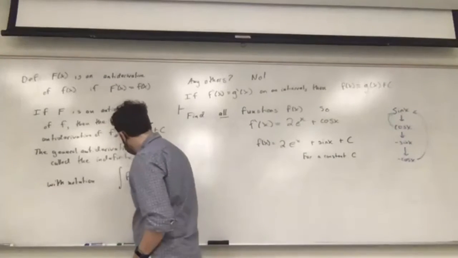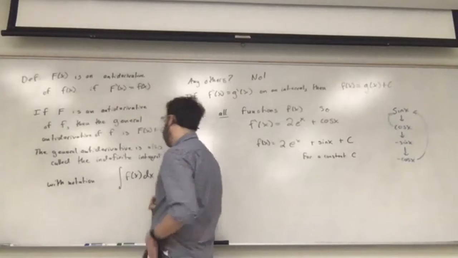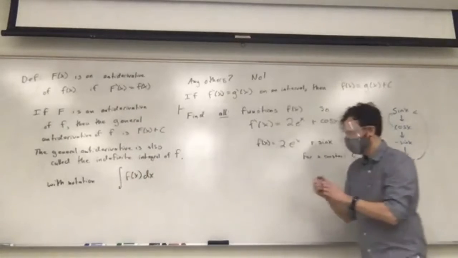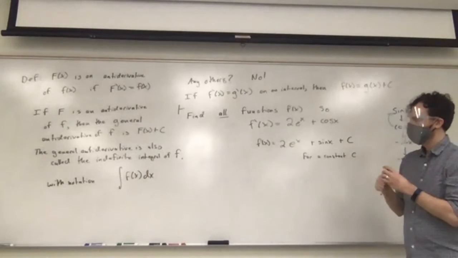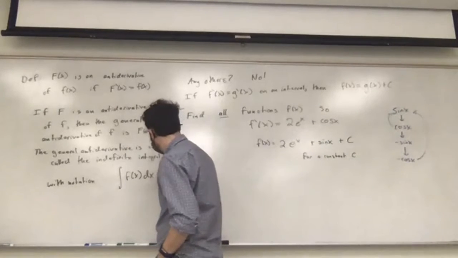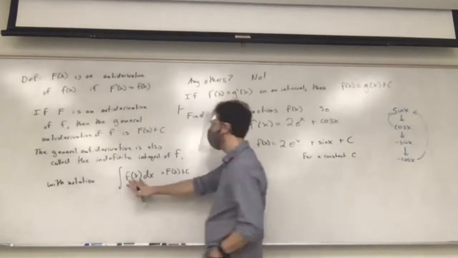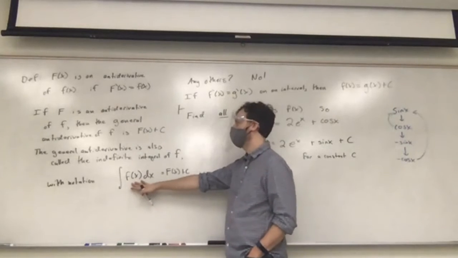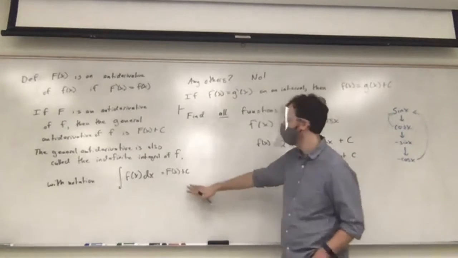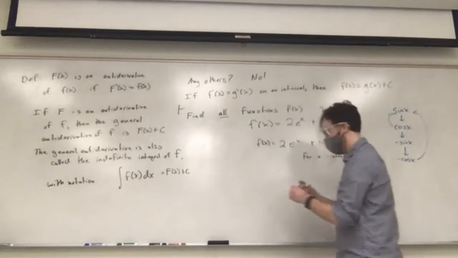So we have the integral of f of x dx. And so this would be this capital F of x plus c. That's what this symbol means: find the general antiderivative, the one antiderivative plus some constant.